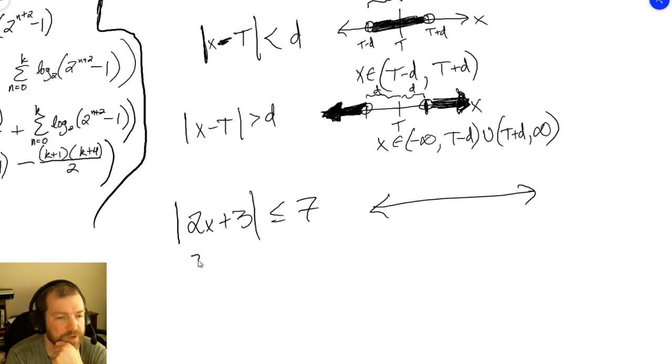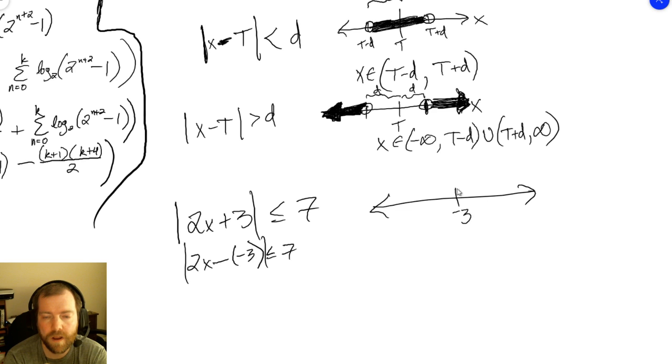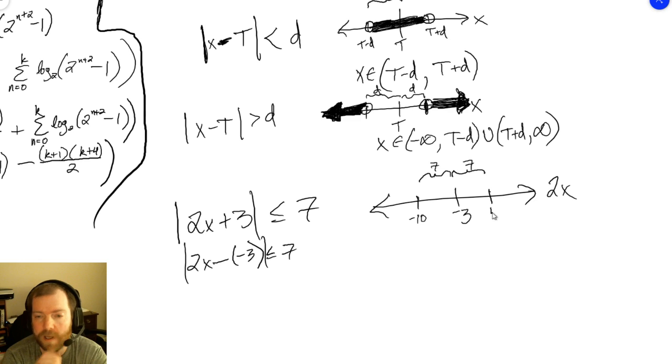So here we're subtracting 2x and negative 3, and it's less than or equal to 7. So the target value is now negative 3, and our variable term is 2x. The distance maximally can be 7, which gets us values downward at -10 and upward at +4.